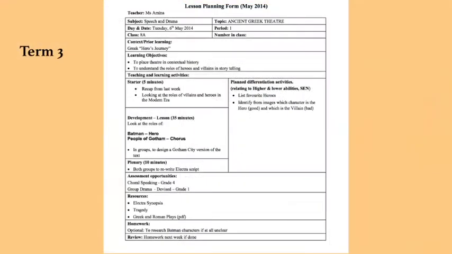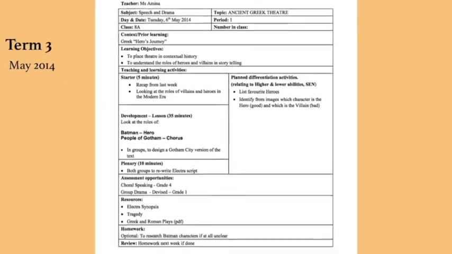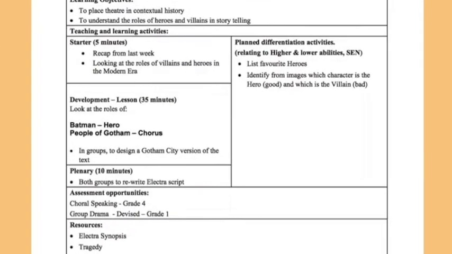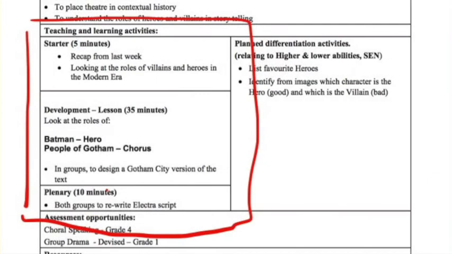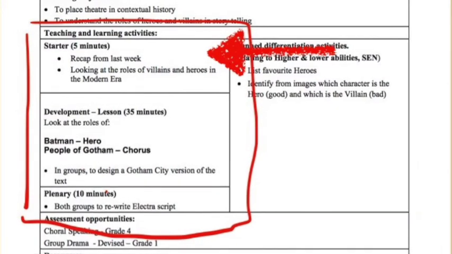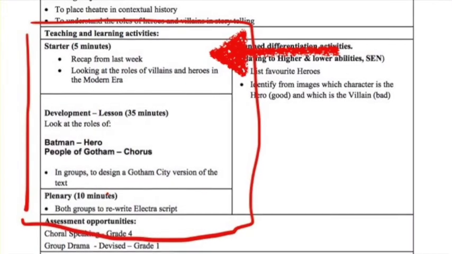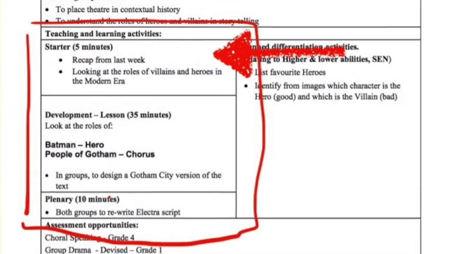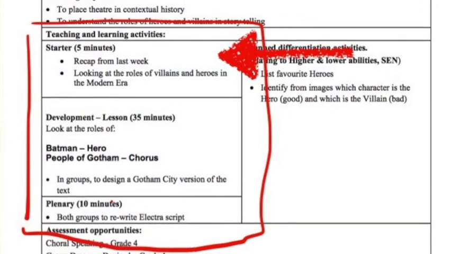So in term 3 of May 2014, we can see that the learning activities has got a little more detail. We're going to begin with a 5-minute starter, recapping from last week. We're going to look at the roles of villains and heroes in the modern era.